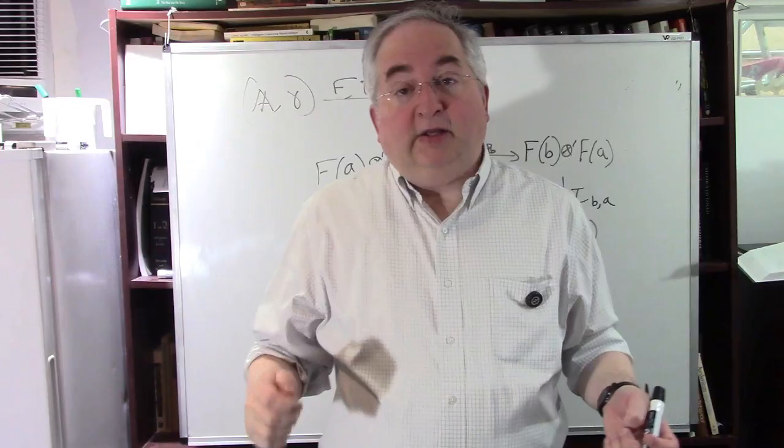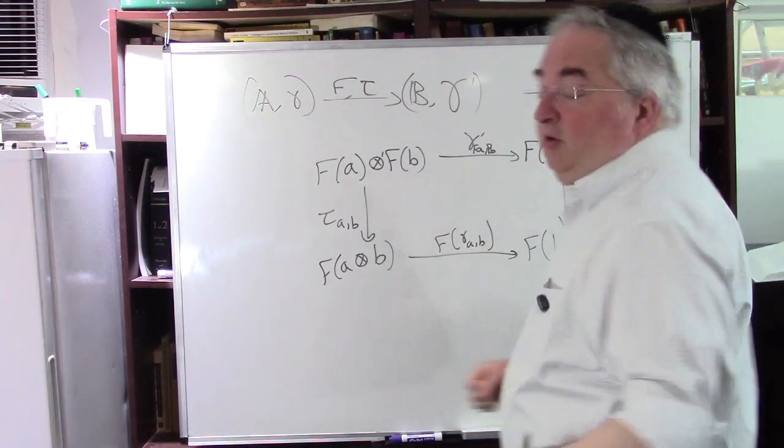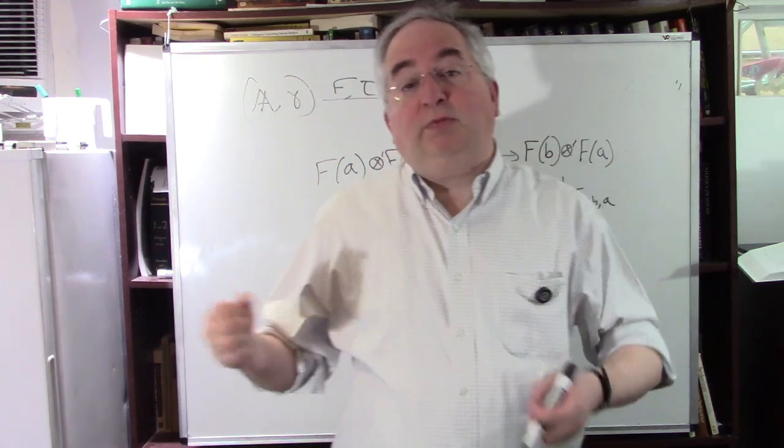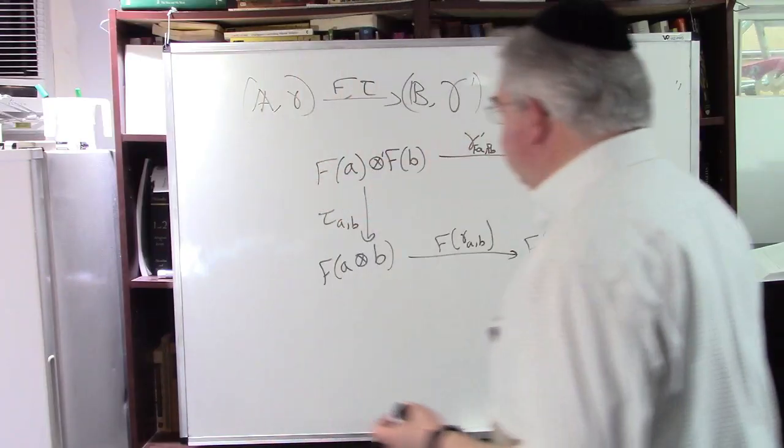Now I just defined what I think is called a symmetric monoidal functor between two symmetric monoidal categories. Great.